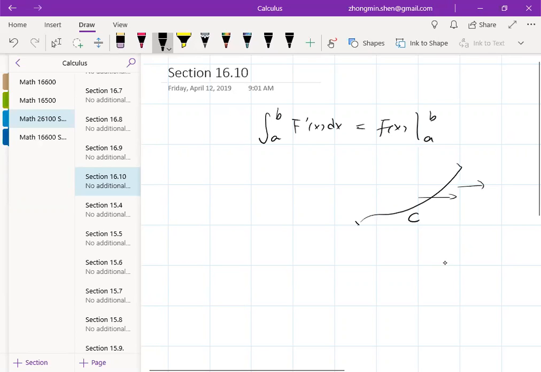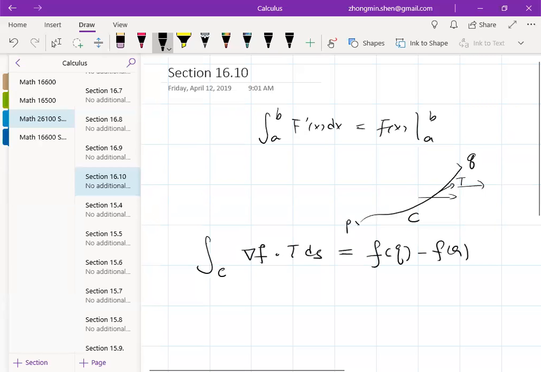Then the line integral of the gradient of f dotted with T ds, I prefer that one because then I don't need to mention the parameterization of the curve C. T is the tangent vector. If this point is P and that point is Q, that is just the difference of the values of f at those two endpoints.